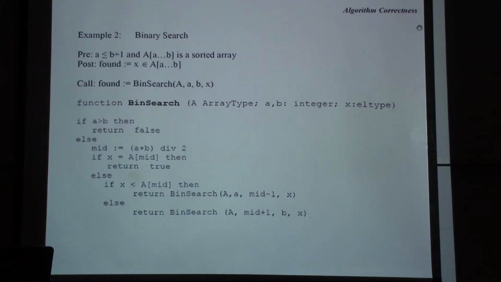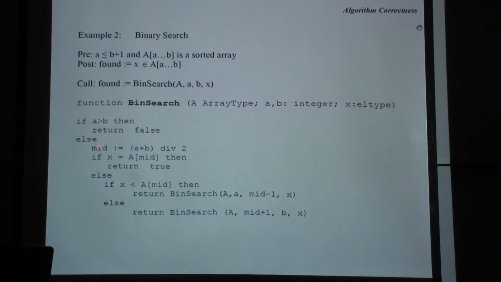So 1, 2, 3, 4, 5, 6, 7, 8, 9, 10. It's going to be as close as we can to the middle. If it's 1 and 11, that's going to be 6. What if we start with 7 to 25? Well, 25 plus 7 is 32, div 2 is 16. So it will compute the middle as close as it can.